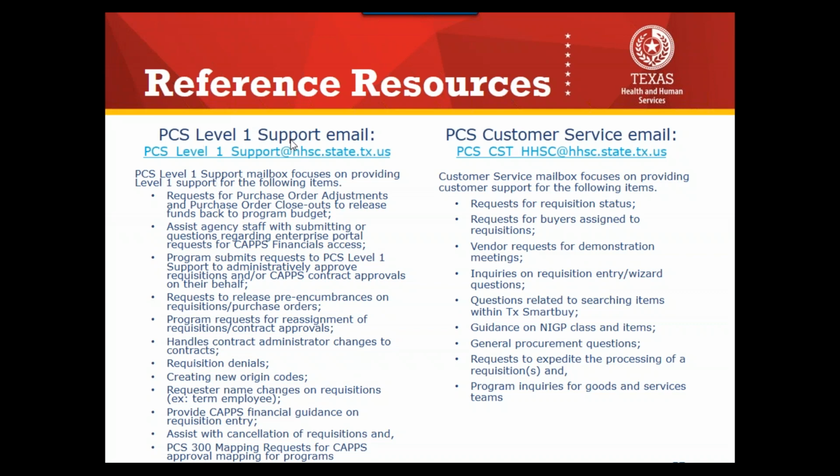You can contact the level 1 support. We have a new department and we need to create a new origin code. Contact PCS level 1 support. So they're going to be a lot of your help and your resources as you move forward into doing your requisitions and those types of scenarios that might pop up on you after you've done a couple of requisitions and you start to learn these new nuances that may occur. Okay.